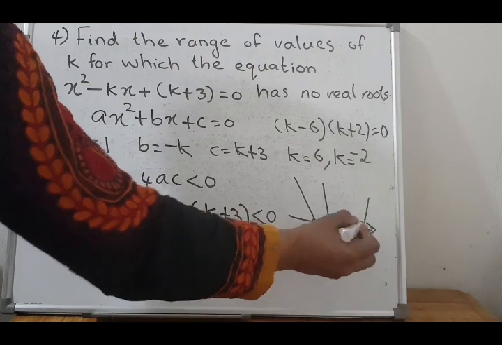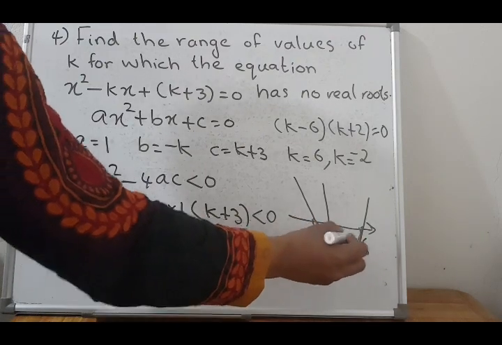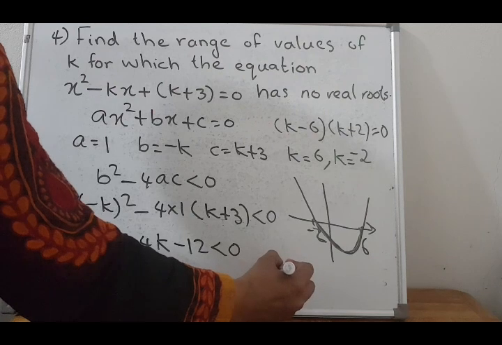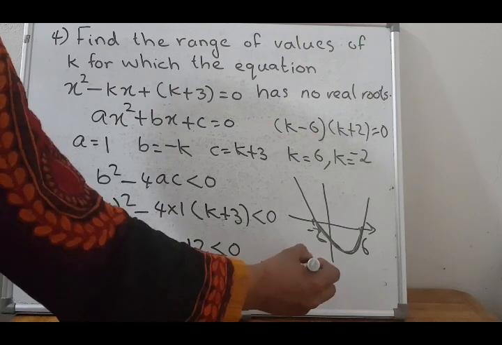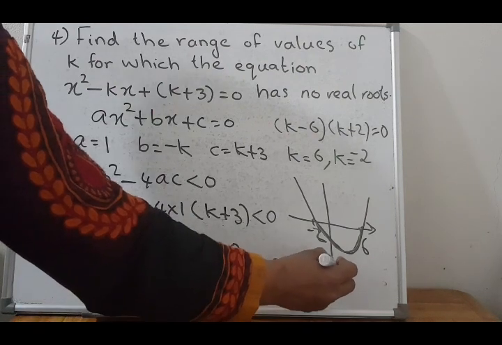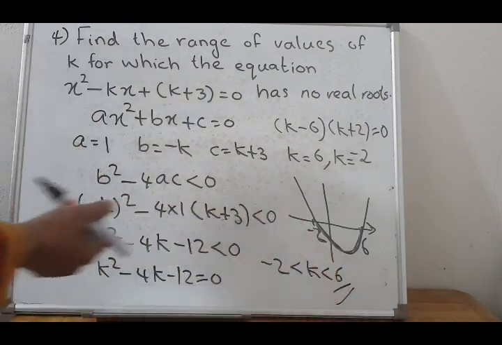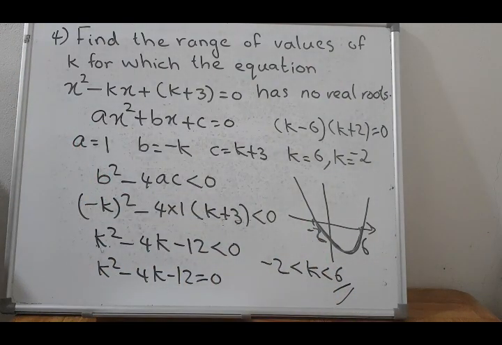See the continuous part, that is from minus 2 to 6. So minus 2 less than k less than 6. This is the range of values of k for which the equation x square minus kx plus k plus 3 is equal to 0 has no real roots.